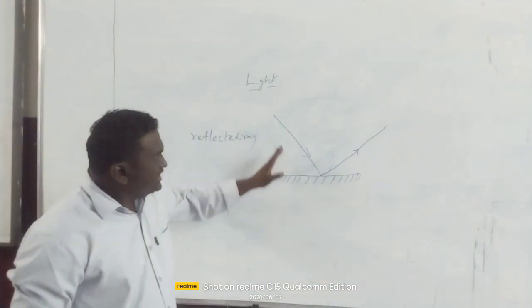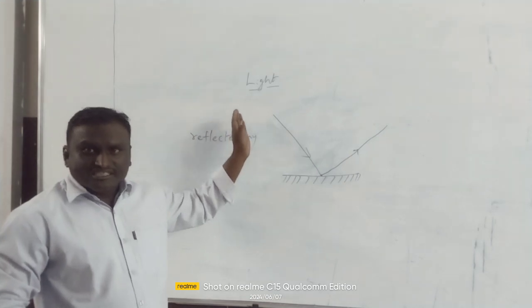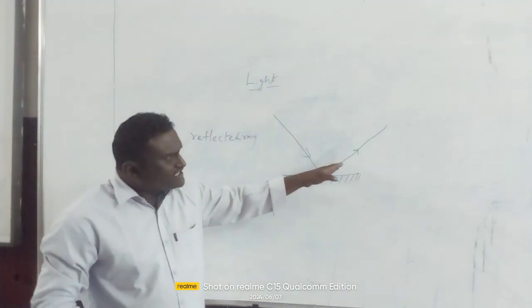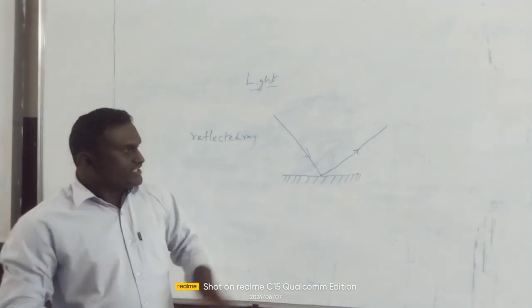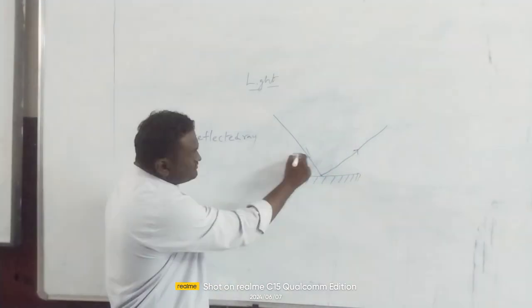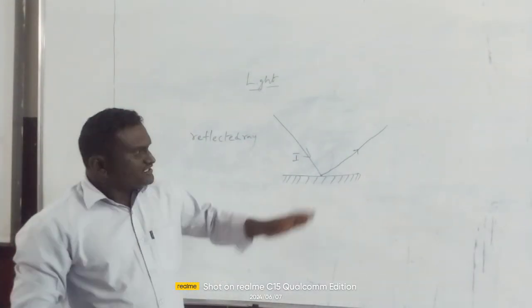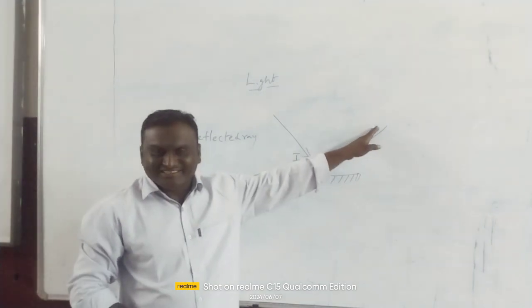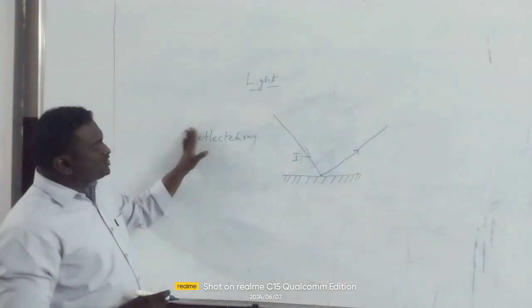Okay. Incident ray, reflected ray. Incident ray: the ray which strikes on the surface. The ray which comes back from the surface is called the reflected ray.